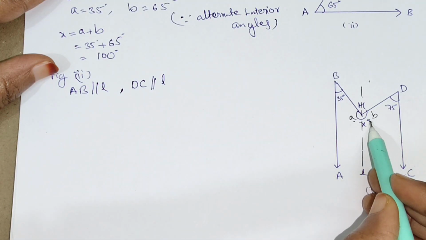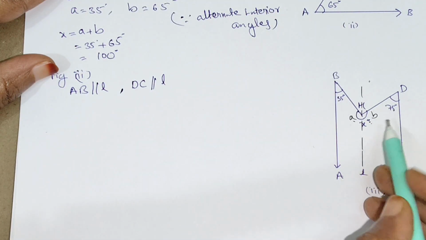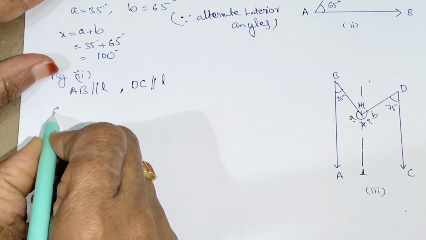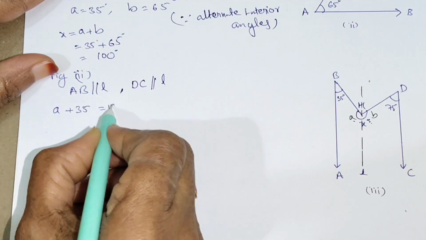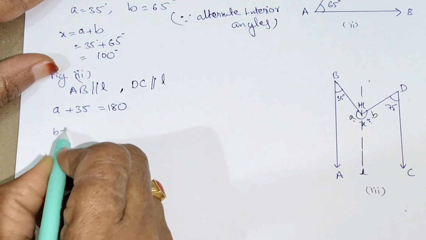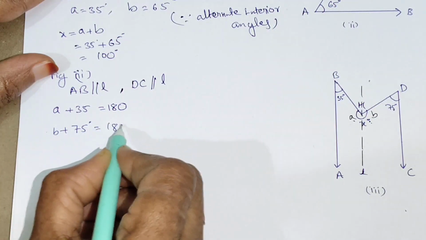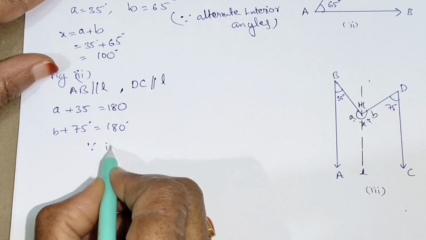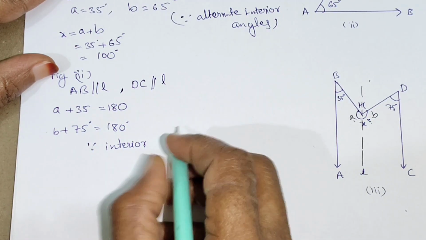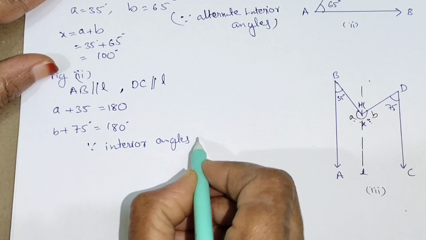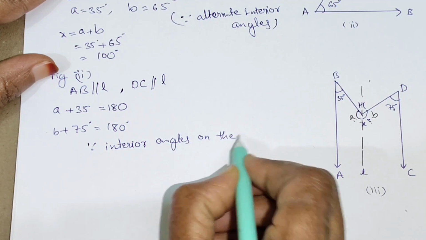Next, these two are also the same: B plus 75 equal to 180, same side of the transversal.